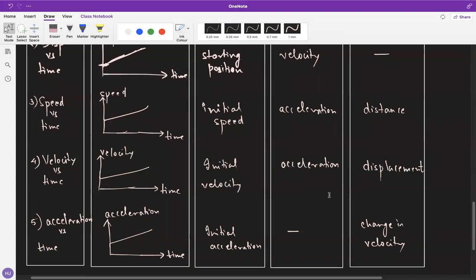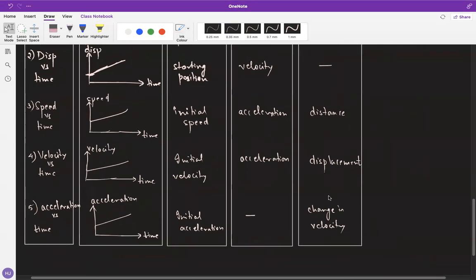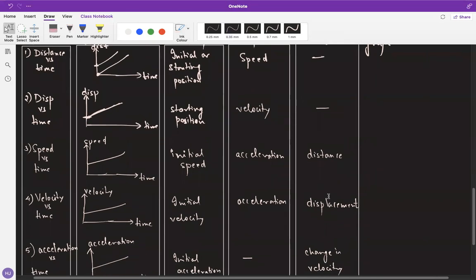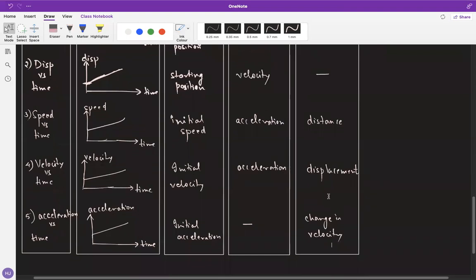Now this consolidated table is extremely helpful before the examination, and it helps you to do a quick recap as well. We're going to be focusing on velocity versus time graph right now, and that will help us to do some derivation. Once we complete derivation of some equations, we will apply them into some questions as well.